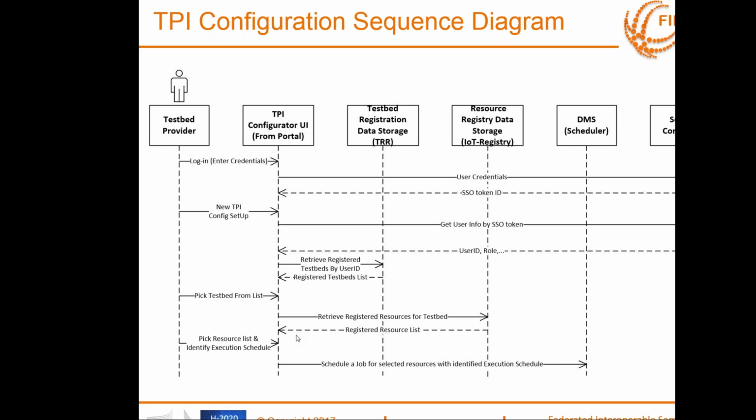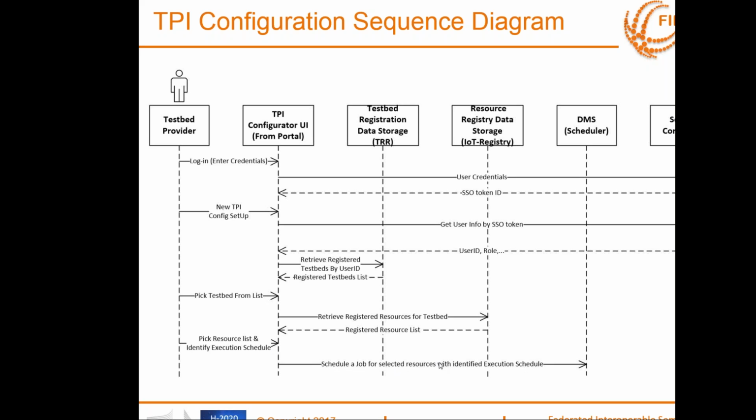You can then identify how these resources are going to be accessed. So you define your TPS endpoint, and you pick your API key, if it is required for these web services to be accessed, and then you store this by registering it.